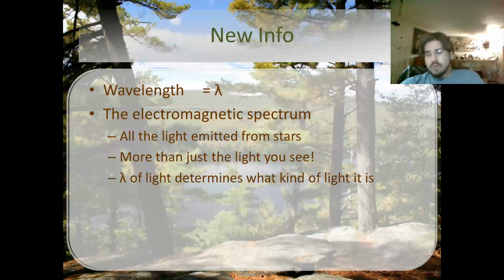So, wavelength. All right. Imagine two waves in the ocean, right? Ooh, there we go. There's my two waves. Now, wavelength is the distance between the two crests, right? The wave goes like this. Well, that's my crest.